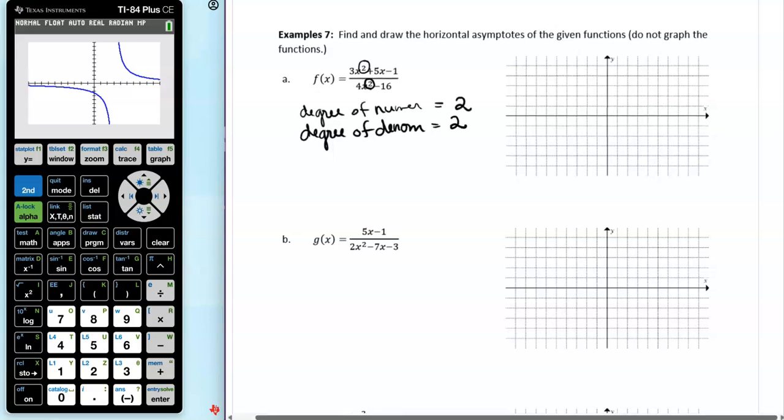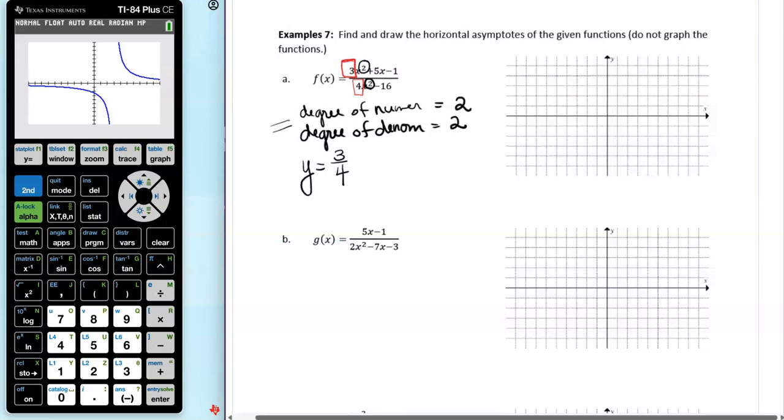So that means that these two are equal. So the horizontal asymptote can be found at the ratio of the leading coefficients. So we're going to take the 3 in front of the x squared in the numerator and the 4 in front of the x squared in the denominator, and we're going to say that the horizontal asymptote happens at 3/4.